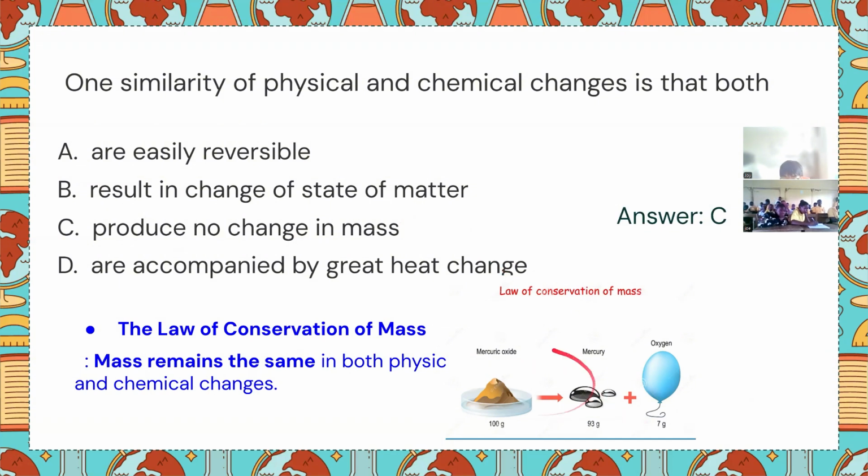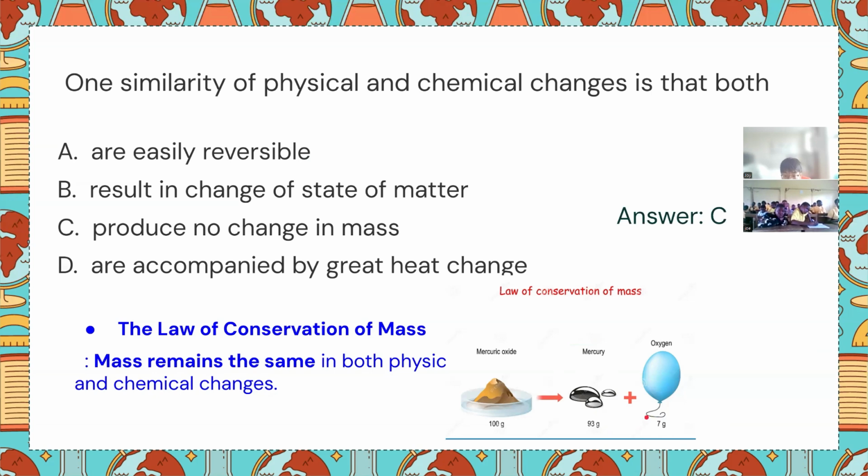Here on the bottom right picture is an example of how the law of conservation of mass takes place. 100 grams of mercury oxide produces 93 grams of mercury and 7 grams of oxygen.